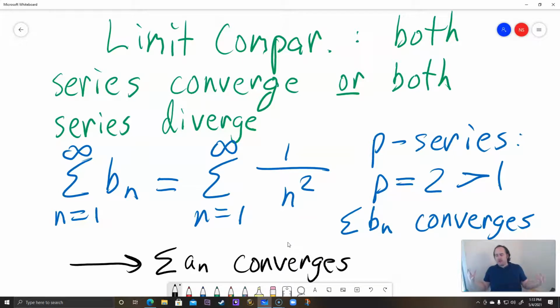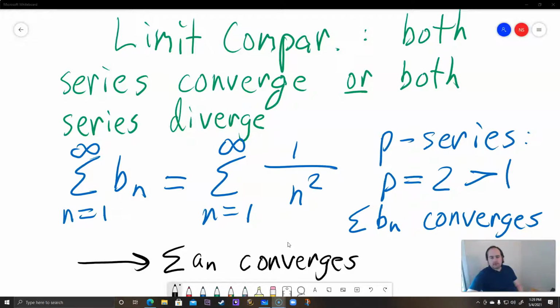So that's how the limit comparison test works. After you take the limit, as long as it's a positive real number, either both of them are going to converge or both of them are going to diverge. So if you can figure out what the sum of Bn does, then you know that the sum of An does the same thing. And in this case, because the sum of Bn converges, the sum of An also converges. Pretty cool, huh? So that's the limit comparison test.